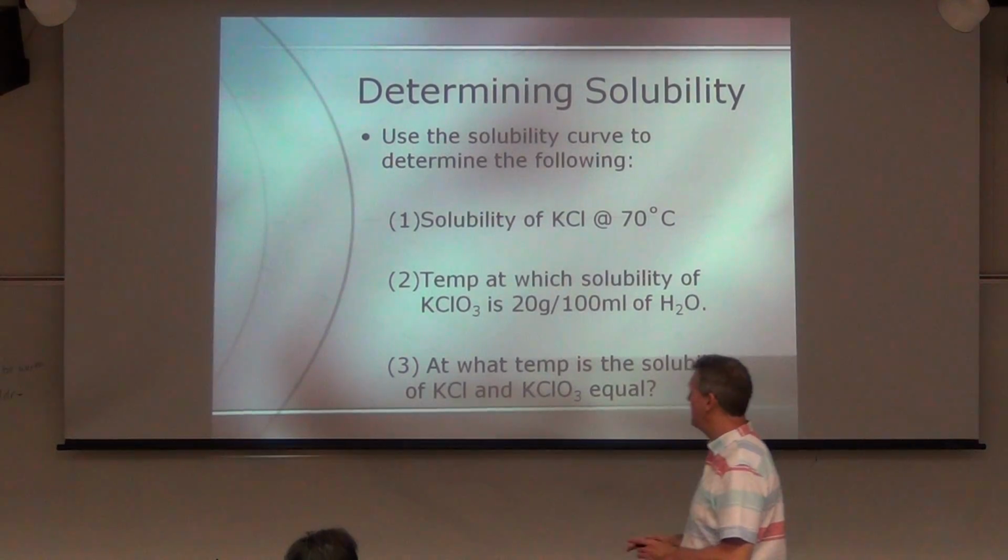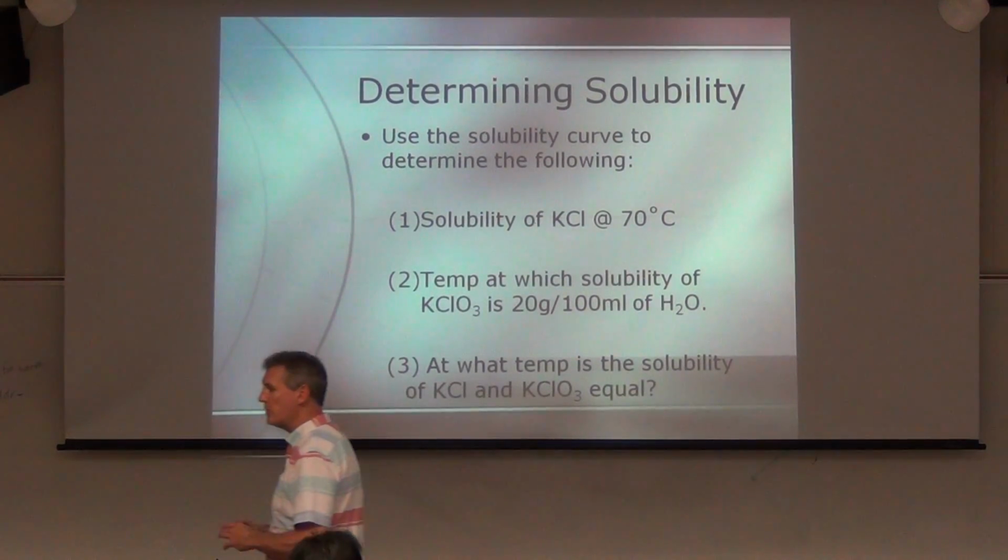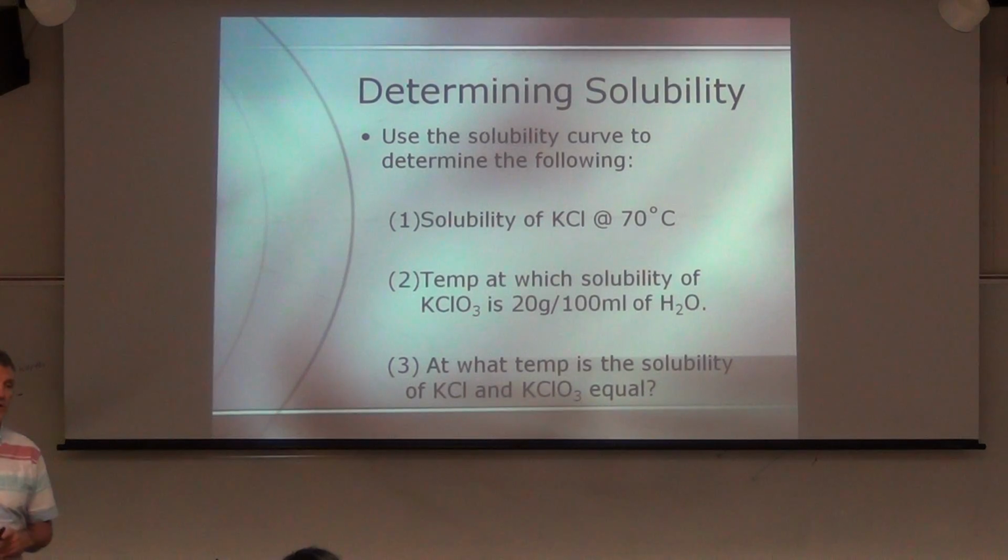Then what's the temperature at which potassium chlorate has a solubility of 20 grams per 100 milliliters of water? And then finally, at what temperature do potassium chlorate and potassium chloride have the same solubility in water?